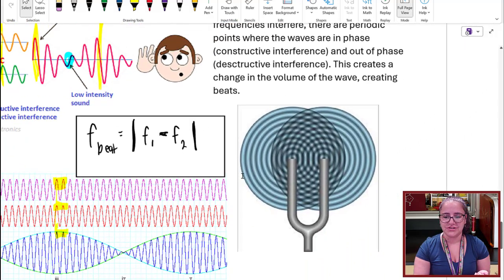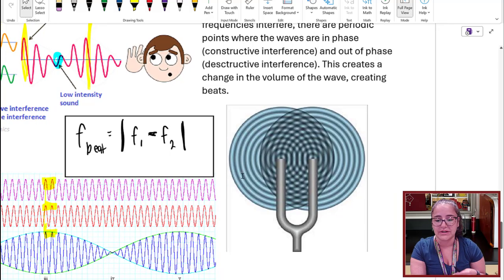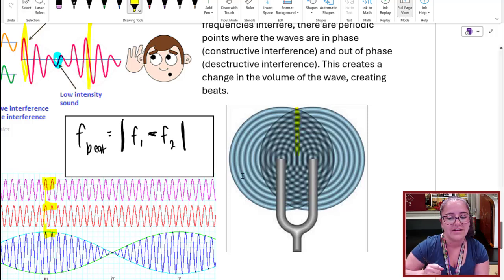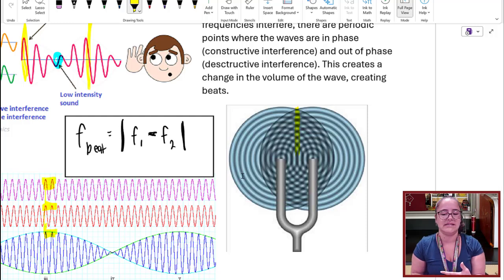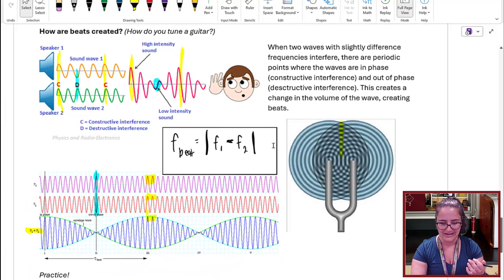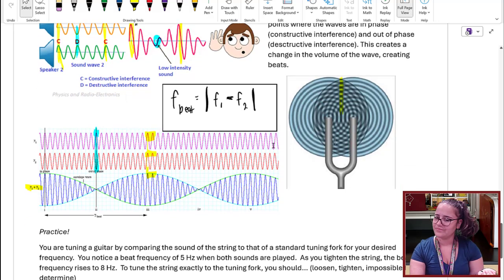You can also kind of picture this as how the actual tuning fork itself works. Obviously, one little small vibration has trouble producing a lot of sound, but when you have those two prongs of the tuning fork, you're going to get areas of high intensity sound and areas of low intensity sound. So different people in the room will hear it at different times, but it's just because of when those sound waves are hitting you. That makes sense? Okay, cool.